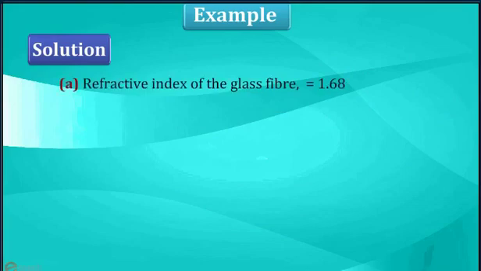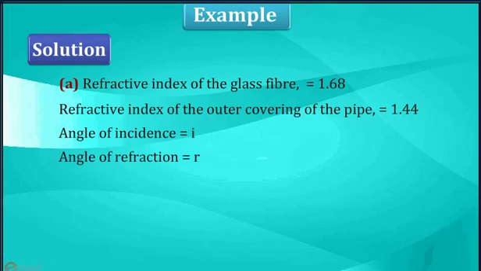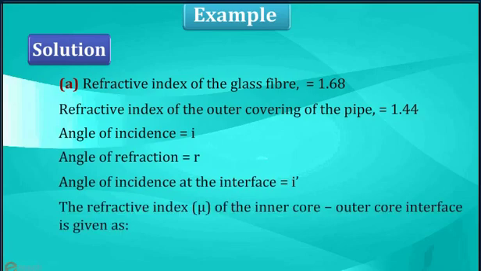Refractive index of the glass fiber is given to be 1.68 and of the outer covering of the pipe is given to be 1.44. We take the angle of incidence as I, angle of refraction as R, and angle of incidence at the interface equals I prime. Also, the refractive index of the inner core outer core interface is given as mu1 is equal to 1.68.